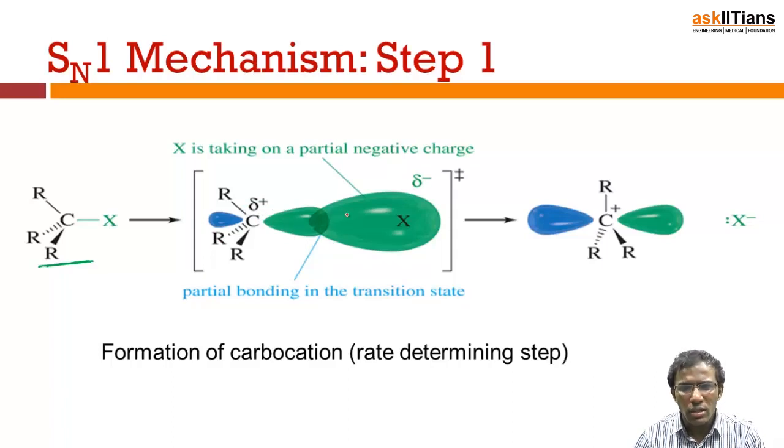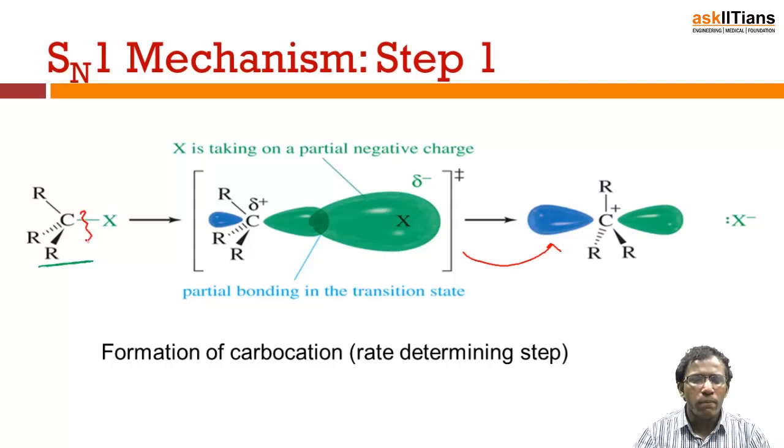After that, the transition state will end up here, where we get a carbocation. This bond is completely broken, so we get this carbocation along with the halide ion. The carbocation is a very important intermediate formed during this reaction.